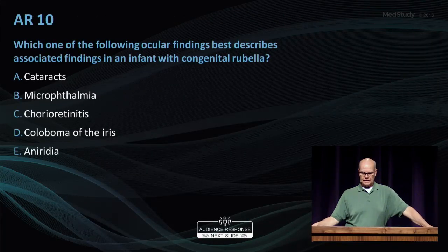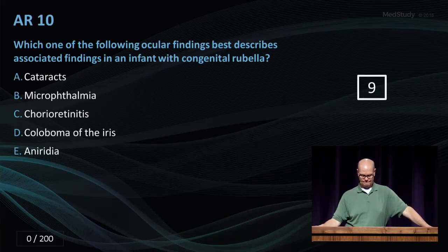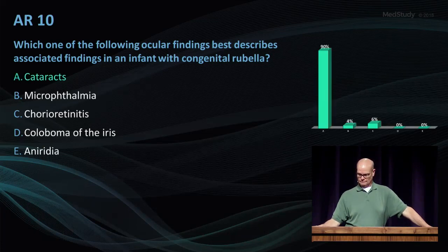Which one of the following ocular findings best describes associated findings in an infant with congenital rubella? Good. Microphthalmia, congenital varicella, chorioretinitis, CMV and toxo, coloboma, CHARGE syndrome, aniridia, Wilms tumor.